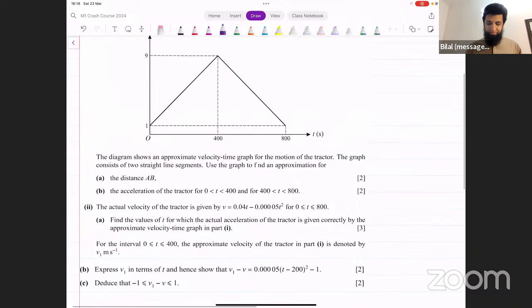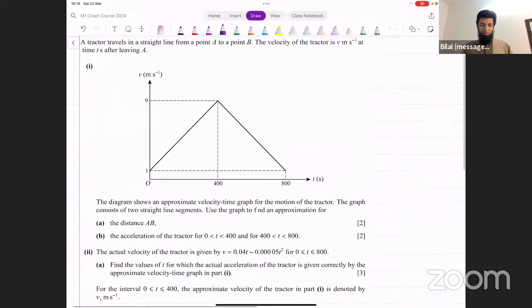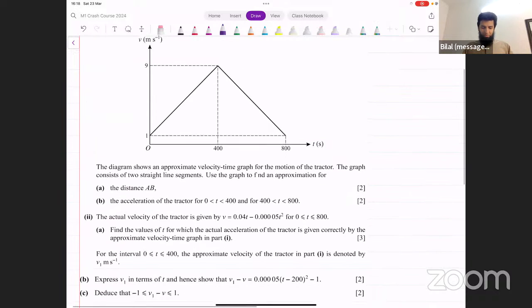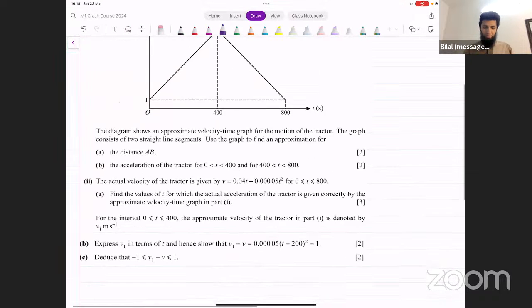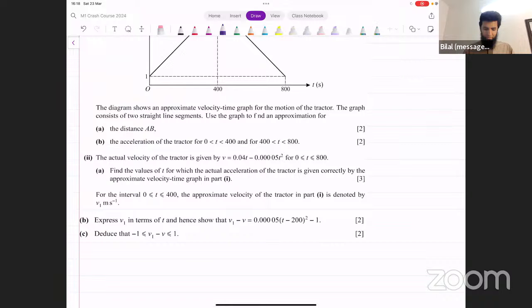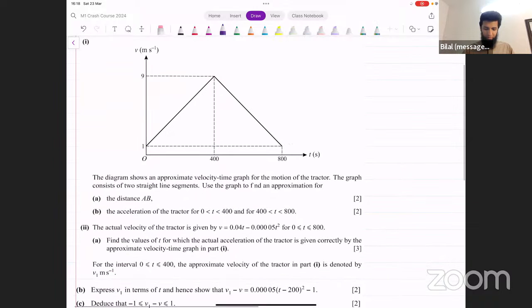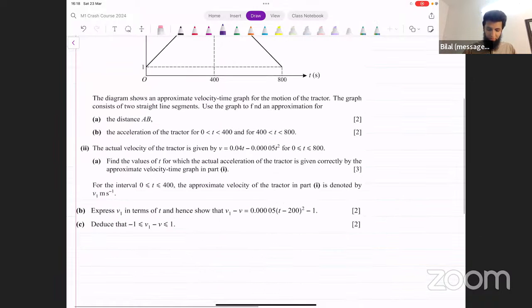Okay, let's try this. So it says the diagram shows, is it all the same question? What's part A? Yeah, okay, all right. So you have 1A, 1B, and then 2A, 2B, 2C. Okay, that's what it looks like.